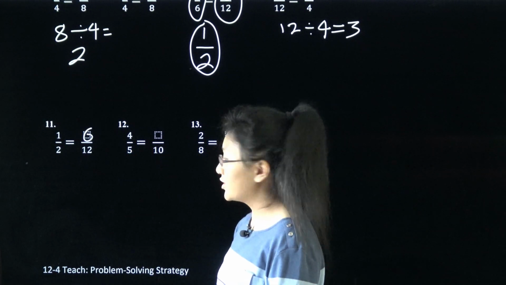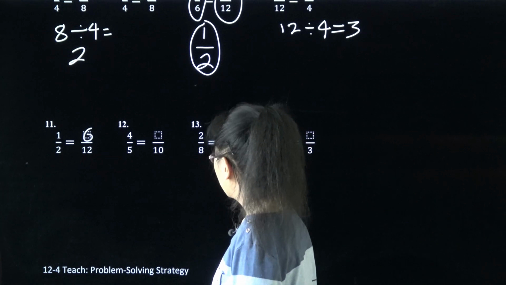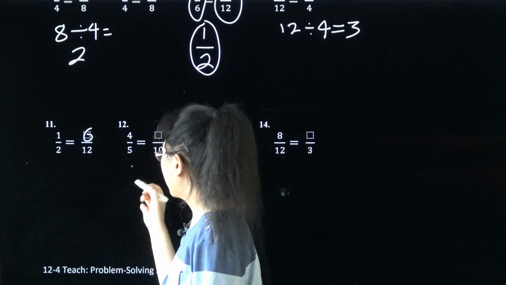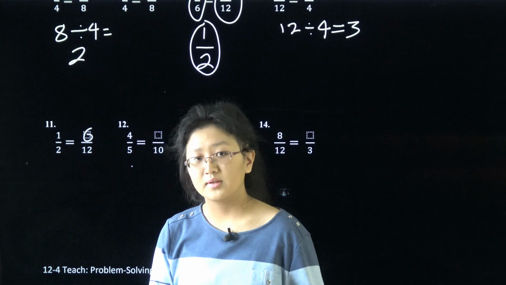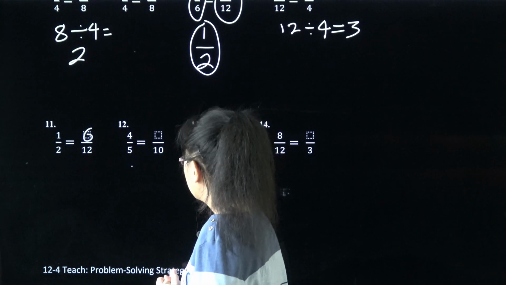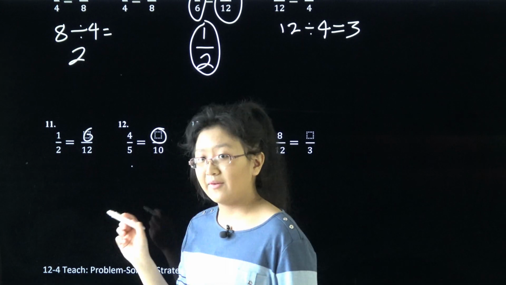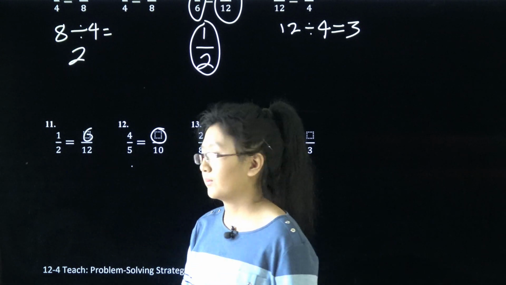4 over 5 equals to what over 10? Well, 10 divided by 5 equals to 2. So this divided by 4 must also equal to 2.